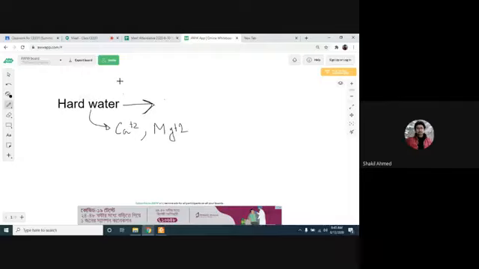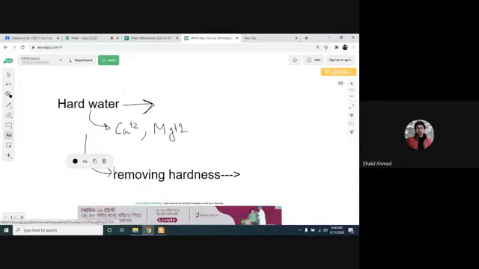So that's the problem actually. Now, to remove the hardness, removing hardness is actually called softening.